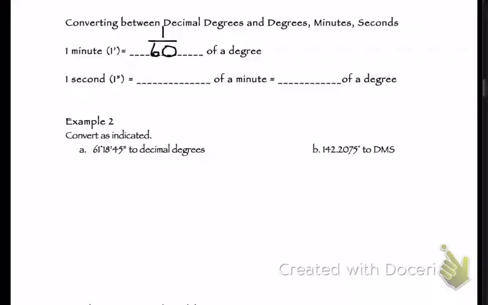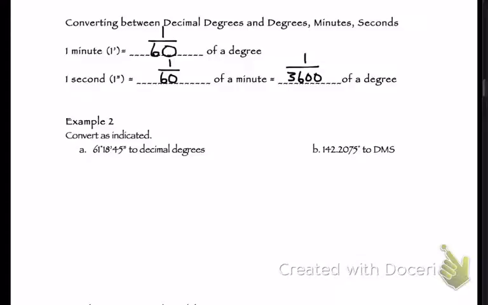Then you should understand that 1 second is 1/60th of a minute. So degree is the largest, minute is a fraction of a degree, second is a fraction of a minute. Therefore, if I asked you to go from degrees to seconds, well then that's 1/3600th of a degree.